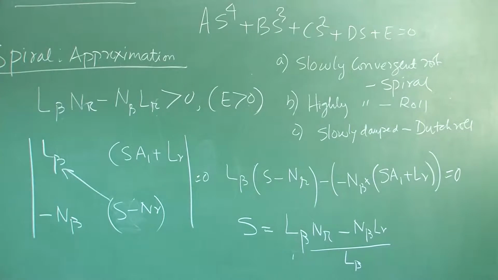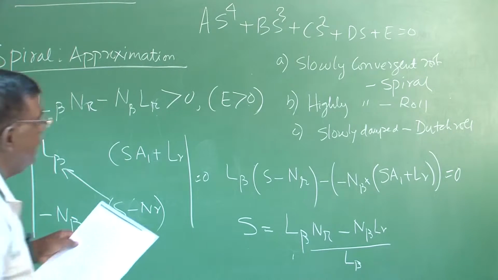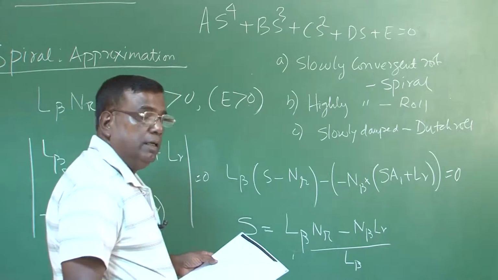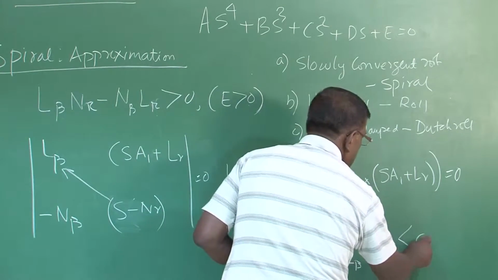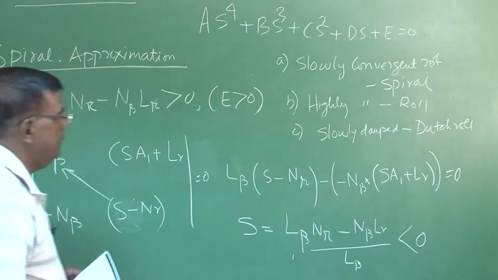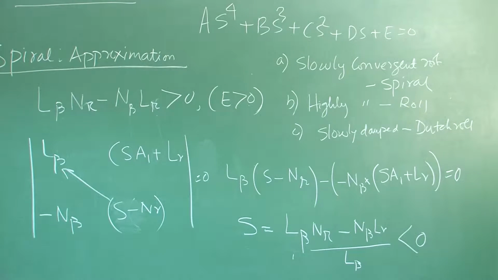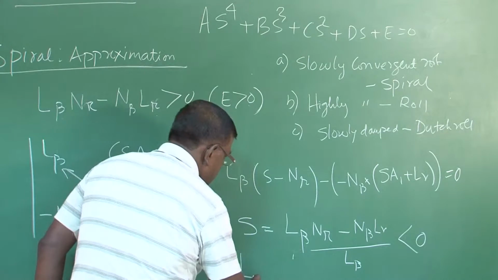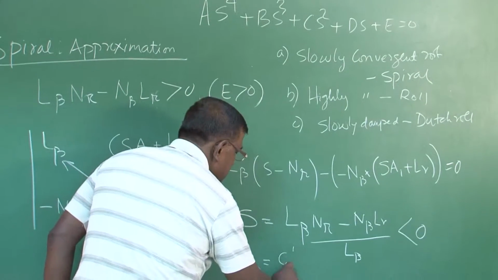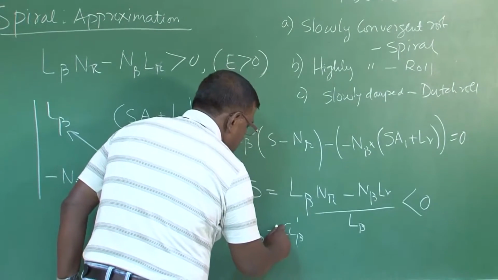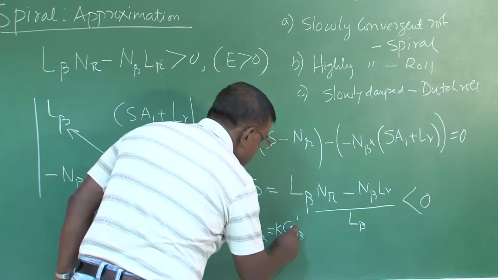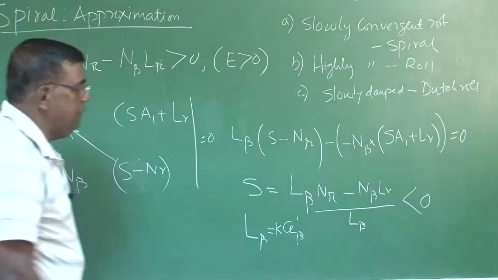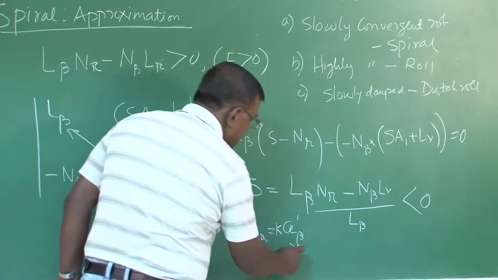Okay. And now see, to make sure that the spiral mode is convergent, not divergent, this should be less than 0. Right? Okay, and what is the sign of L beta? L beta, you know, is a constant into CL beta, CL beta rolling moment. And what is the sign of CL beta? CL beta is negative.